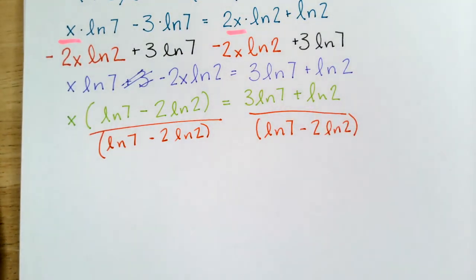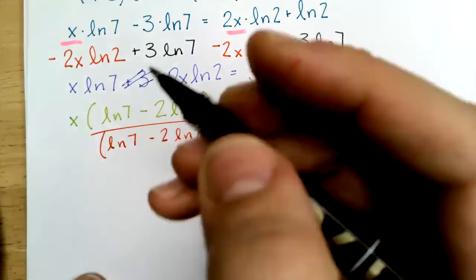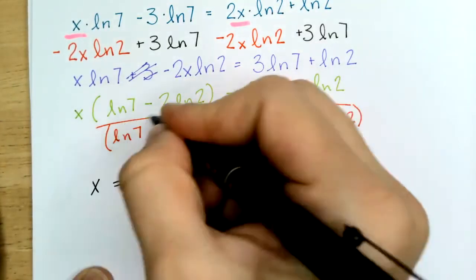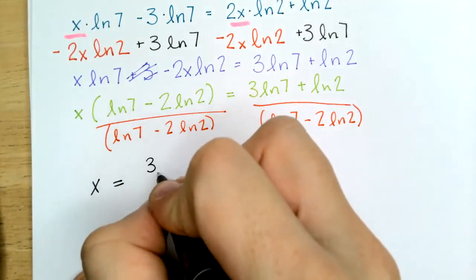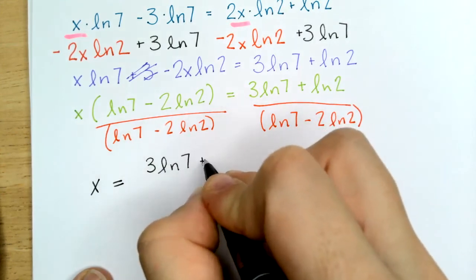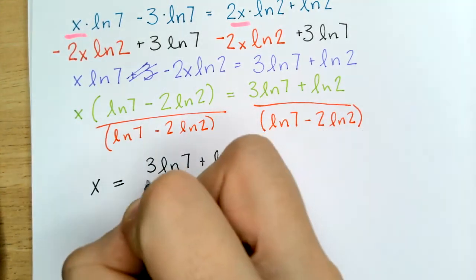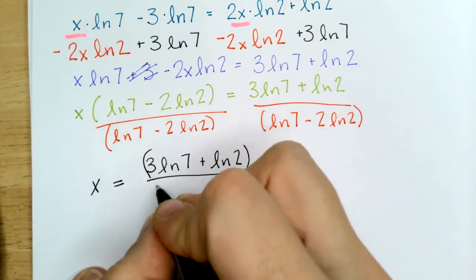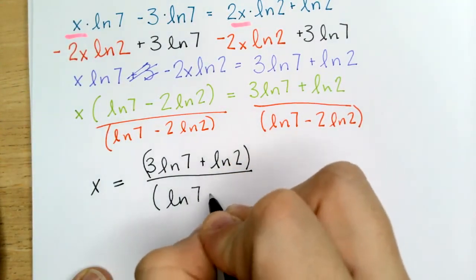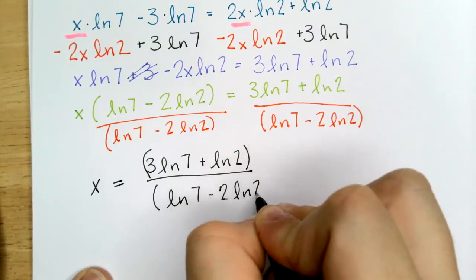Good. So x equals, this cancels, 3 natural log of 7 plus the natural log of 2 over the natural log of 7 minus 2 natural log of 2.